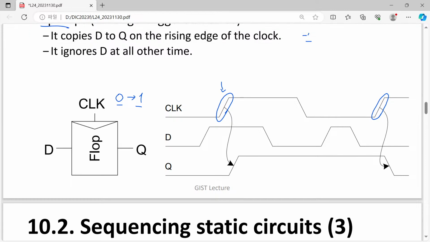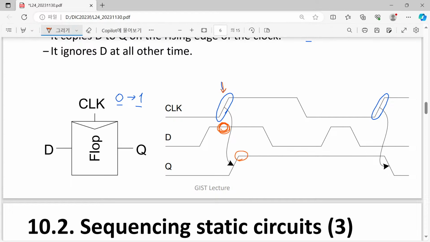So only when we have this transition, from 0 to 1, is the value around this time scale sensed, and that affects the value of our flip-flop output.